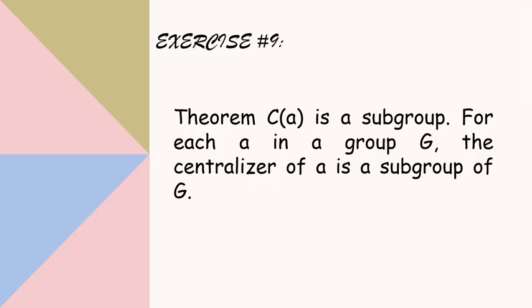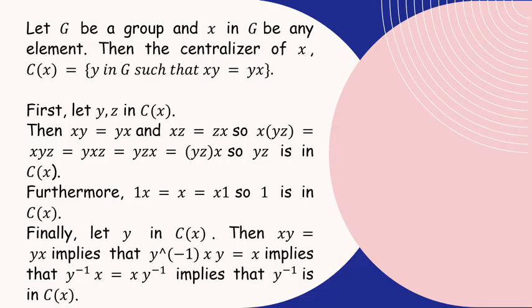Now, let's proceed to another page, which is exercise number 9. Theorem: C of A is a subgroup. For each A in a group G, the centralizer of A is a subgroup of G. Let G be a group and x in G be any element, then the centralizer of x, C of x.